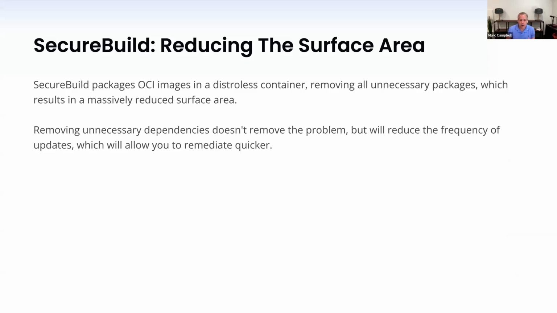You don't want to have components and libraries and other packages in there that you don't need, because that's just going to increase the times that you need to update this package. So making it distro-less, removing all unnecessary packages doesn't remove the problem. It just reduces the frequency that you're going to have to receive updates, because there's less things that are going to get updated, which in turn allows you to remediate quicker because you're shipping less frequently into the enterprise customer.